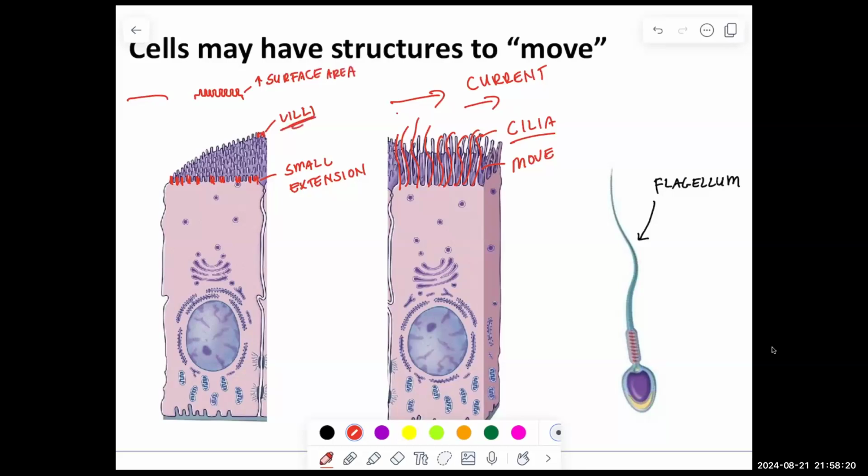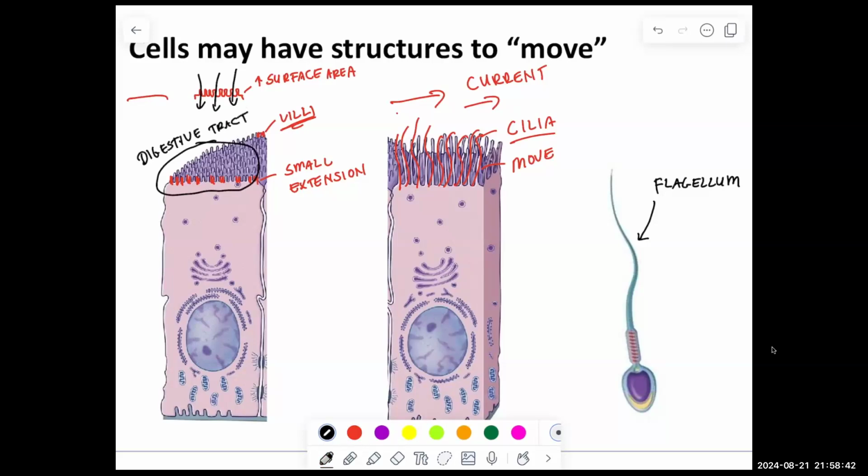The villi increase surface area. Why is that important? The more surface area, the more you can absorb things. The more things will get sucked in. Your digestive tract has a ton of villi. Why?